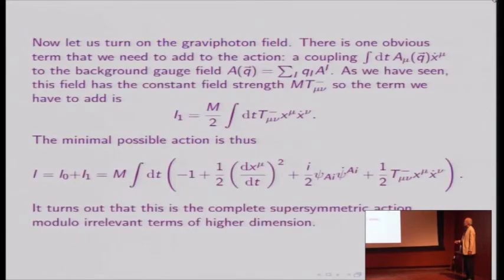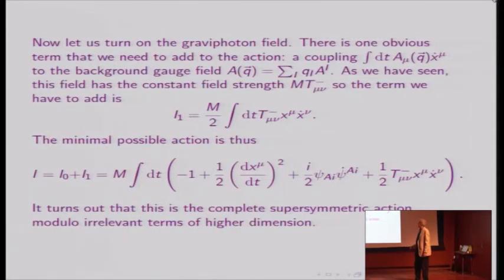Now, if this is the only possible action, it had better have the right supersymmetry algebra. What supersymmetry algebra does it have? So probably you know from your studies that in the presence of a constant magnetic field for a charged quantum particle, there's still translation symmetry, but the translations don't commute.